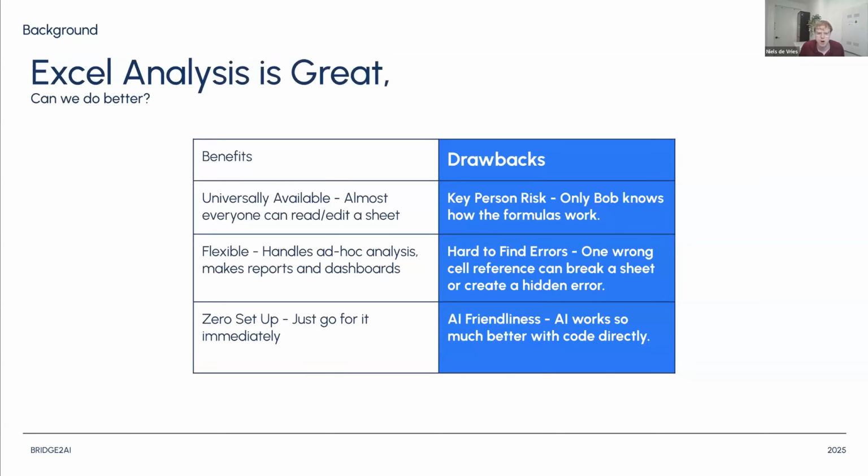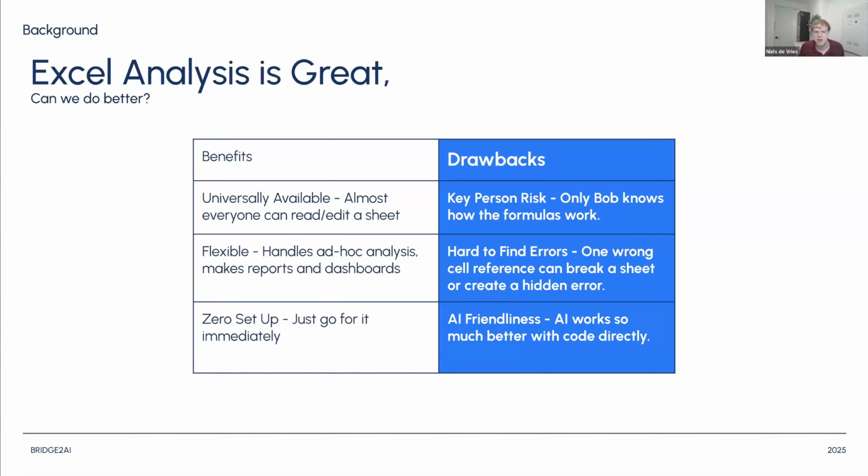Sometimes there's a few drawbacks. You might have some monolithic sheet made by your Excel expert in your company, and it has some key person risk associated with it, so only one person knows how to run this monolith. It's sometimes hard to find errors. If a cell breaks down, it can break a sheet, create a hidden calculation error.